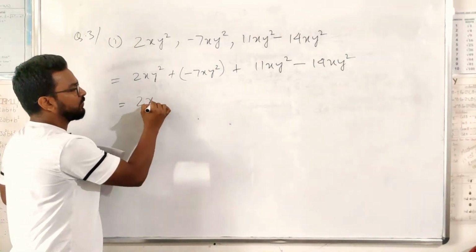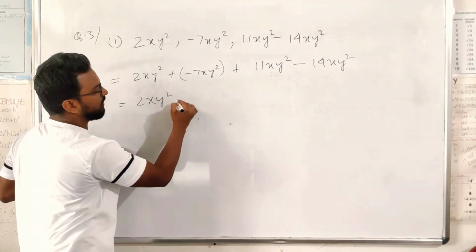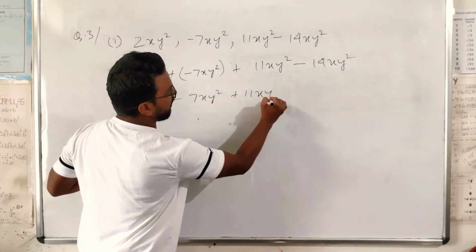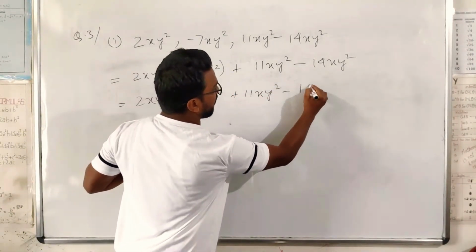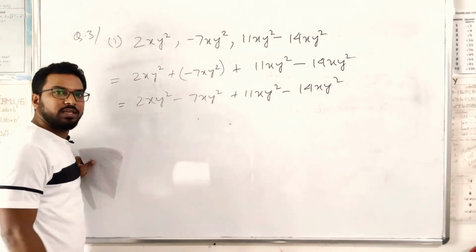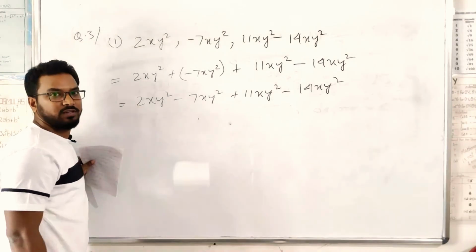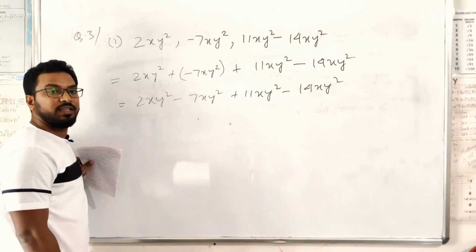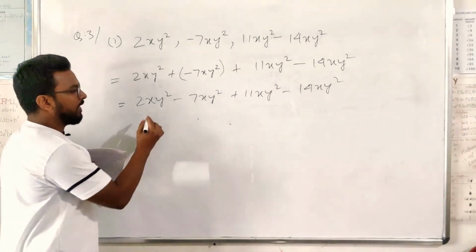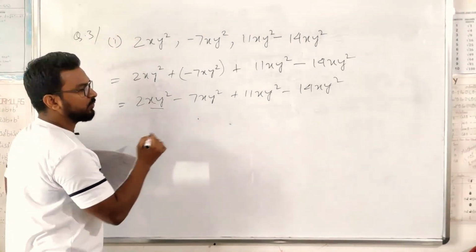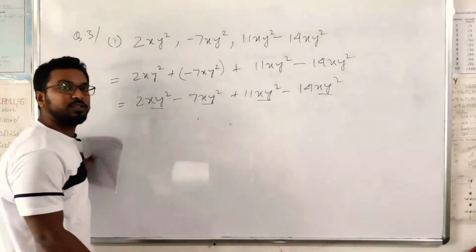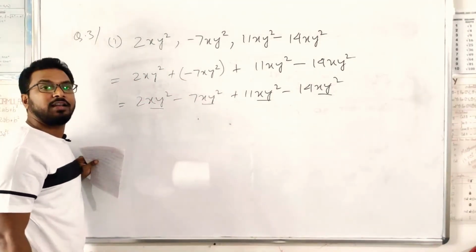So this will be 2xy square minus 7xy square plus 11xy square minus 14xy square. Now you see whether they are like terms or not. How can we compare that they are like terms? We'll compare the variables. Here the variable is xy square, here also xy square, xy square, xy square. It means all these terms are like terms.